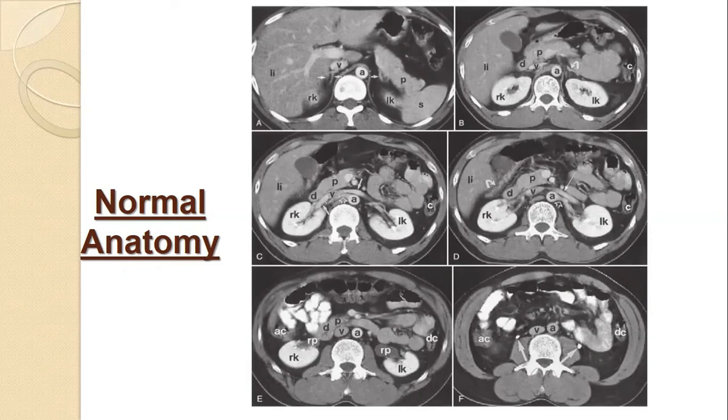Again, right kidney. Now come to the mid pole. Right kidney, left kidney, aorta. What do these stand for? Duodenum with the pancreatic head. Again, same. And what is this? This is taken at the level of the renal vein. And this is the renal artery. And what does RP represent? Renal pelvis.